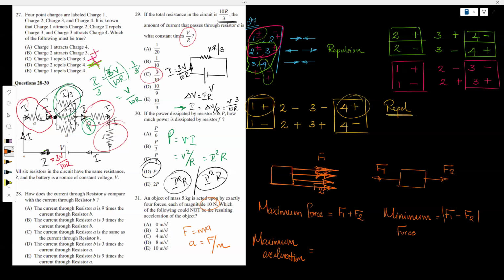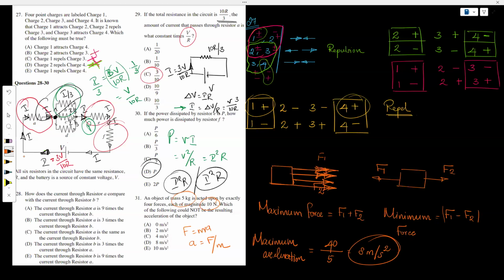So the maximum force I can have using these 10 Newton forces is 40 Newton, and the mass of the object is 5 kilograms. So it is 40 divided by 5, 8 meters per second squared, right? So that is the maximum acceleration. And just for your understanding, what is the minimum acceleration?